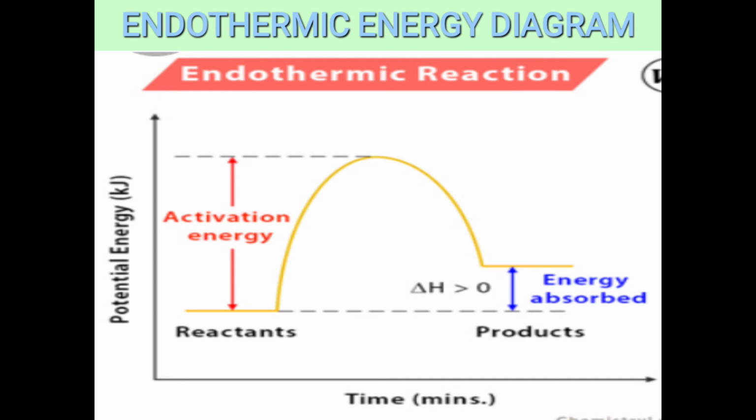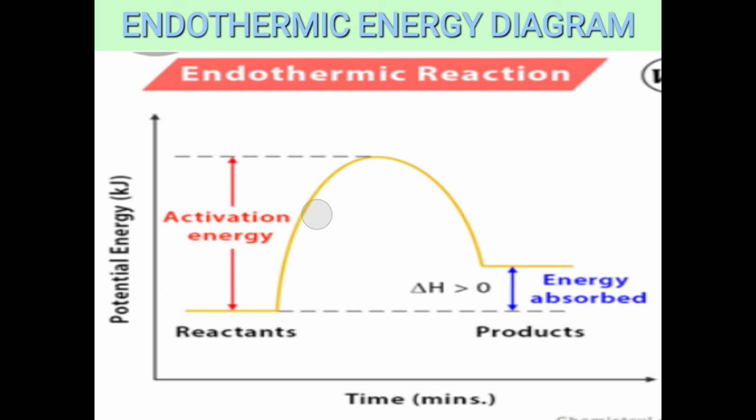Of course, this energy diagram has an axis for potential energy and an axis for time. As time goes by, you have to supply some starting energy we call activation energy. In my previous lesson, I explained what activation energy is. I said this is the energy you supply to break the bonds apart so that a reaction can take place.